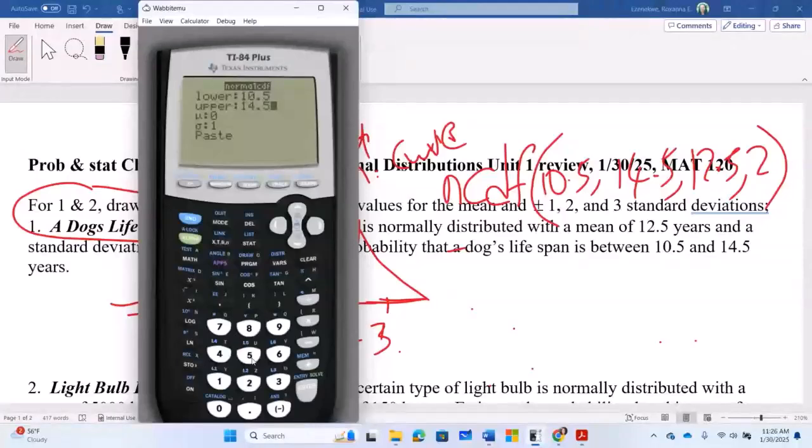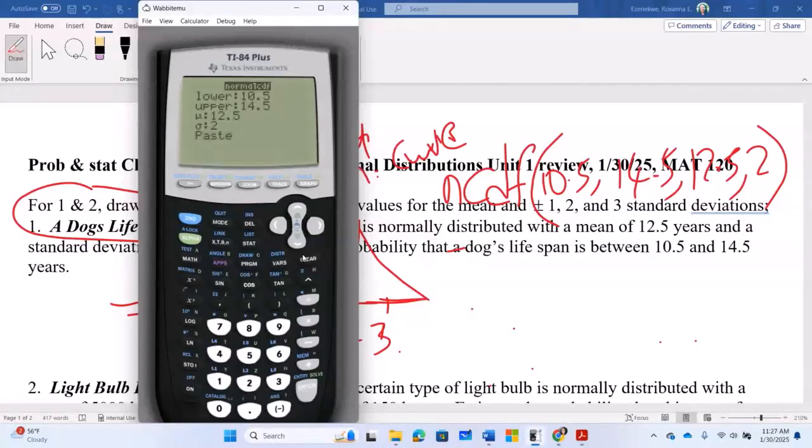The upper bound is 14.5, one standard deviation above the mean. The mean of this data, raw score, is 12.5. That's the mean of a lifespan of a dog. And the standard deviation of the lifespan of a dog is 2 years, because I'm using raw score.